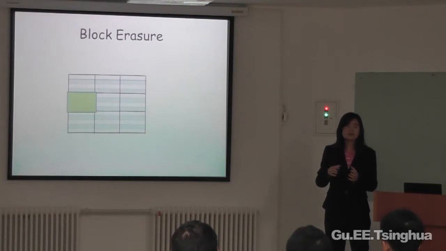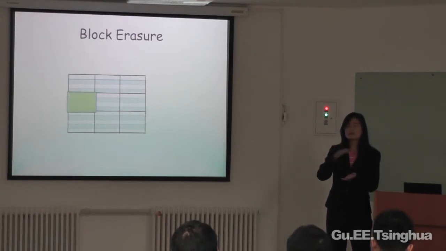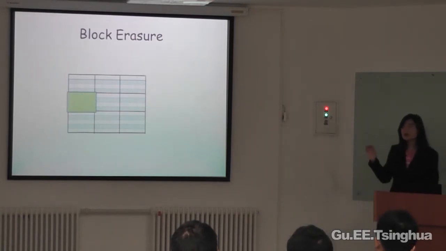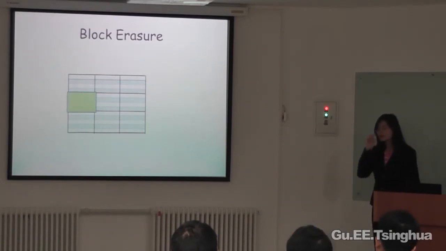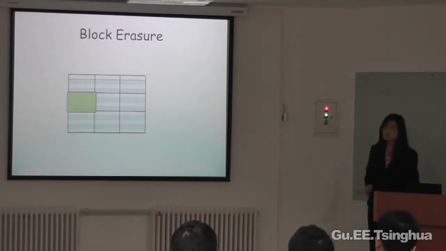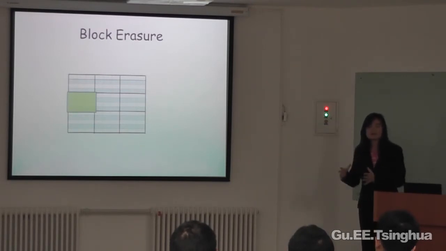According to the amount of electrons, you can tell what information is stored. Maybe a small amount says 0, then 1, 2, 3, and so on. We call something an erasure when we take electrons out of the transistors, and we say program when we want to put electrons into the transistor.